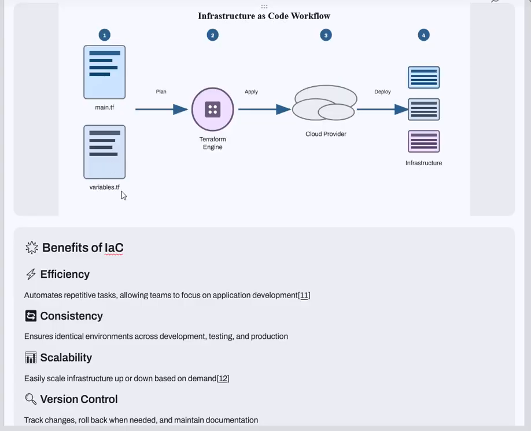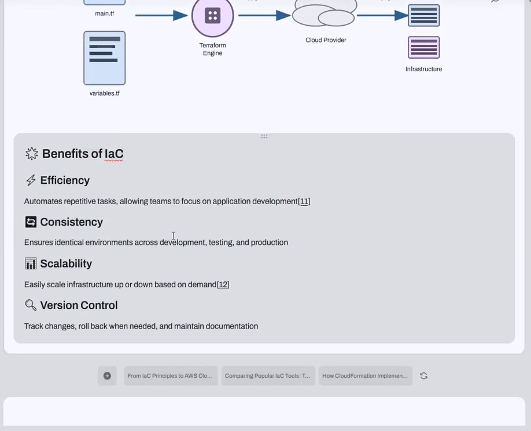This gives you a sort of code flow, the infrastructure as code flow. How does this work? So this is the main tier, the variable tier, then here it uses the Terraform engine, and then apply and deploy, right? So this is the process going on in there.